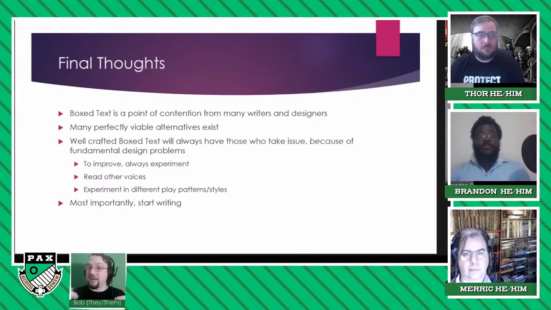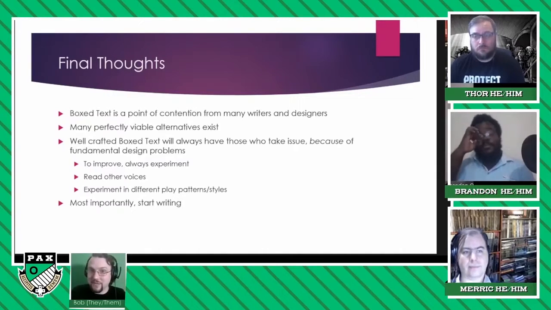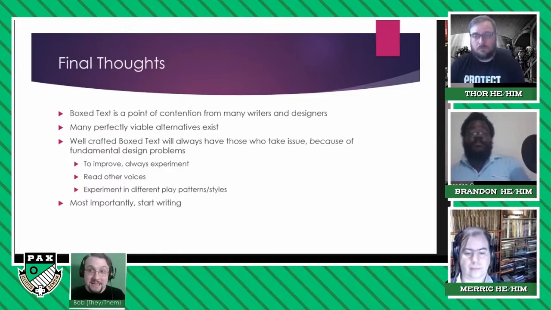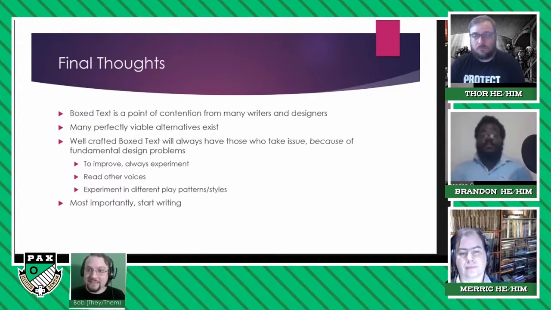All right, my final thoughts before we move into Q&A. First, I want to re-emphasize to everybody that box text is a point of contention and will always be a point of contention, because there's no right answer for when you should use it and when you shouldn't. There are far more alternatives nowadays than we had way back in the past. But that comes about because of the basic tenets of being a good writer or a dungeon master.